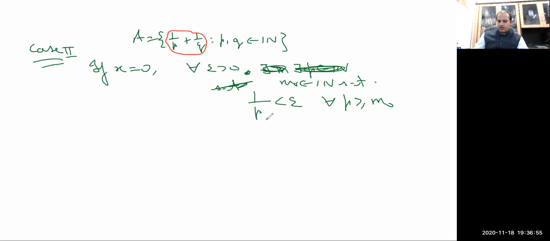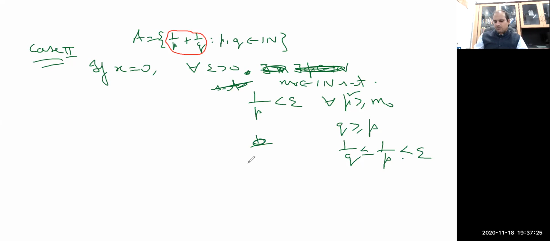Now, for all Q greater than or equal to P, since it holds for all P greater than or equal to M naught, it can also be claimed that if Q is greater than or equal to P, then 1 by Q will be less than or equal to 1 by P. So if 1 by P is less than epsilon, then obviously 1 by Q will be less than epsilon.